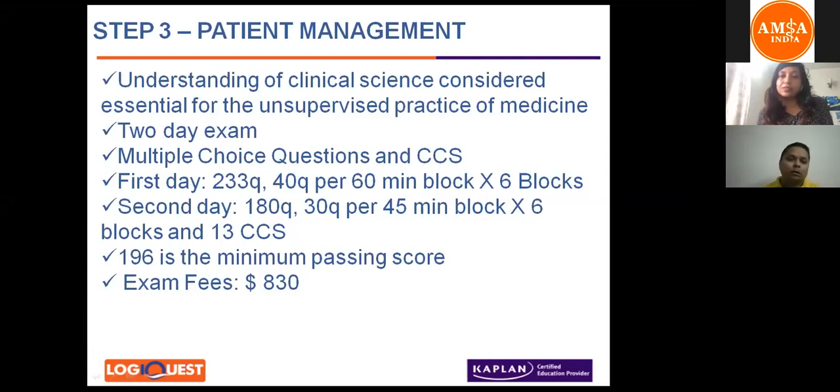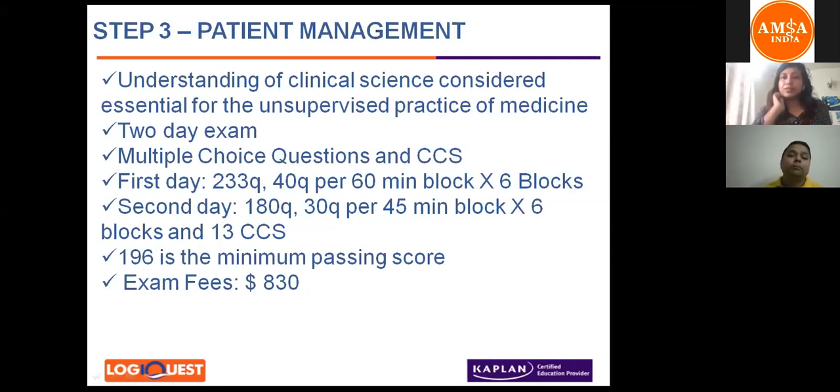On day 1, you go and attempt 233 MCQ-based questions. And on day 2, again, you go to the same exam hall and attempt the balance 180 questions in the same setting. After the 180 MCQs are done, it is time for you to attempt the 13 CCS. Now, what is a CCS? In Step 2 CS, it's a face-to-face patient and doctor.